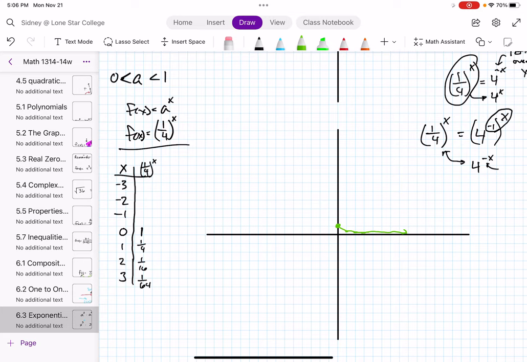But where it gets interesting is the negative side. So 1/4 to the -1 power. Well, remember that -1 power just means the multiplicative inverse. It means flip it. So 1/4 becomes 4/1. -2 power means flip it and square it. So the reciprocal is 4, and 4 squared is 16. Now hopefully you see symmetry here.